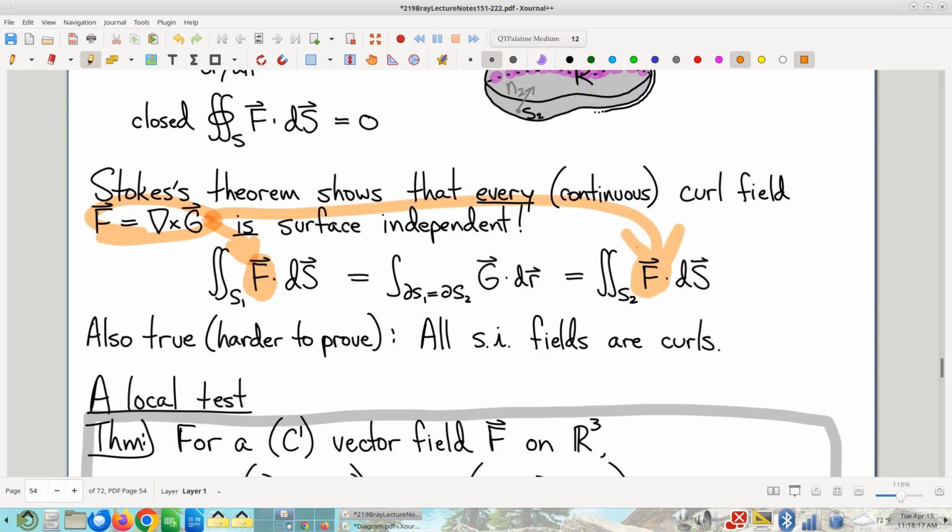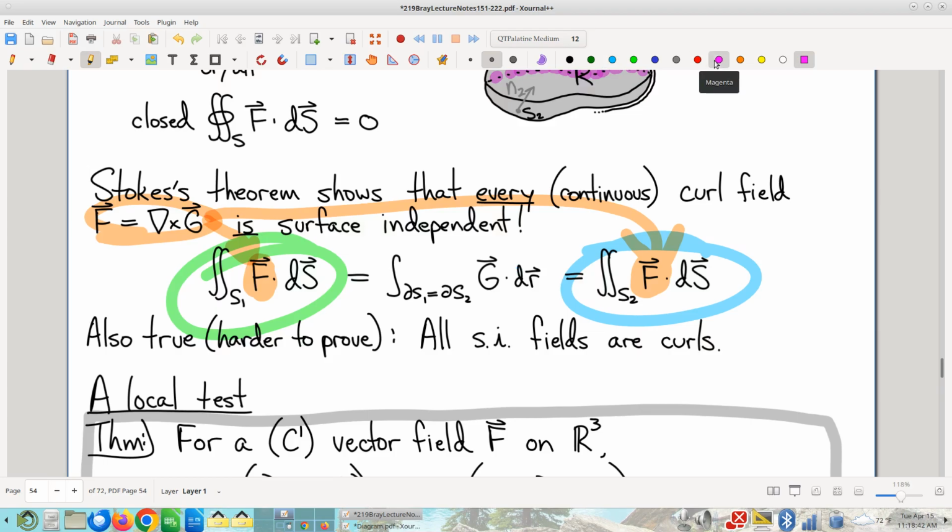and I want to show that this vector field is surface independent, that these two fluxes are equal to each other, I'm going to have to compute this green flux and this blue flux. How am I going to compute that green flux? Well, it's a flux of a curl. How do you compute the flux of a curl? Stokes' theorem literally tells us that the flux of a curl is a line integral on the boundary. How am I going to compute this one over here?